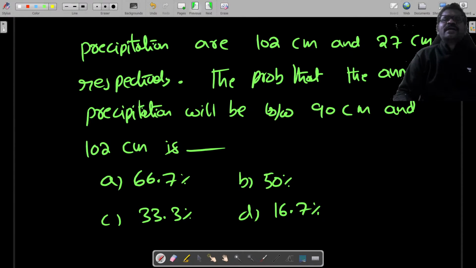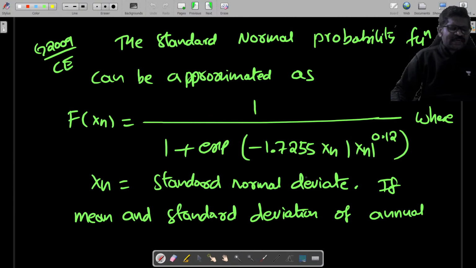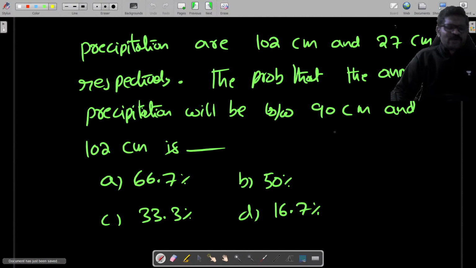Now, in the data it is given that the standard normal probability function can be approximated by f of xn, and the mean and standard deviation of annual precipitation are 102 centimeters and 27 centimeters respectively.